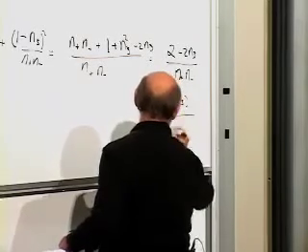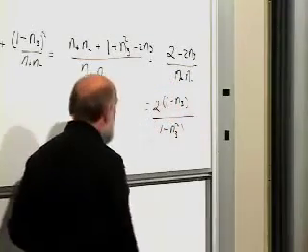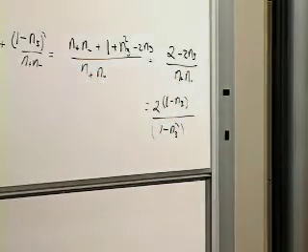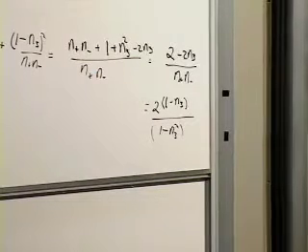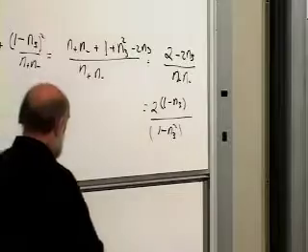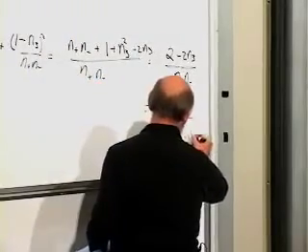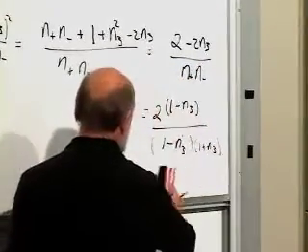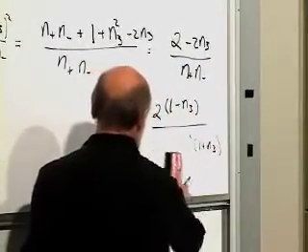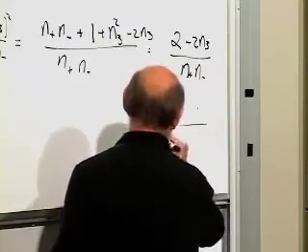And in the denominator, it's 1 minus n3 squared, which is 1 minus n3 times 1 plus n3. Don't worry if you're not following, because I'm going to make you do it over for homework. Then we cancel out the 1 minus n3, and the answer is 2 divided by 1 plus n3.